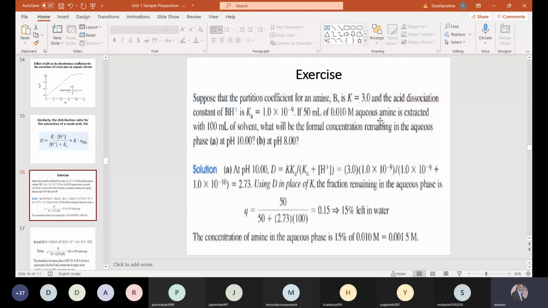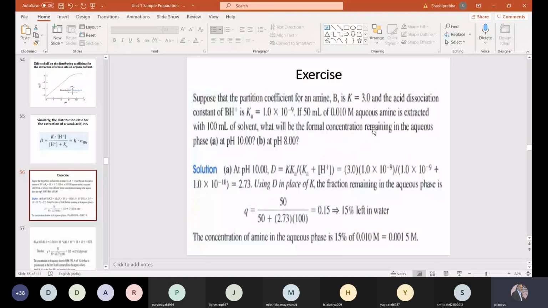Now they are going to apply certain conditions and would like to find out the effect on this equilibrium constant, because K is also an equilibrium constant. At the same time, D, the distribution ratio, is also an equilibrium constant. The only thing is that one considers pH, one does not. If 50 ml of 0.01 molar aqueous amine is extracted with 100 ml solvent, that means your aqueous phase is 50 ml and your organic phase is 100 ml.